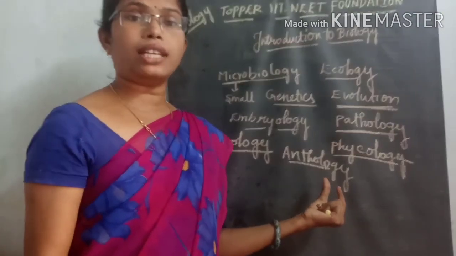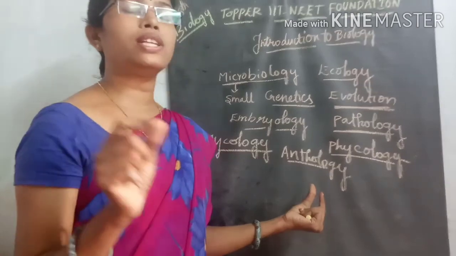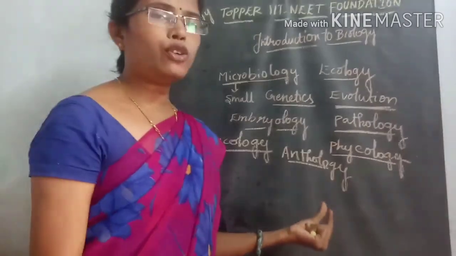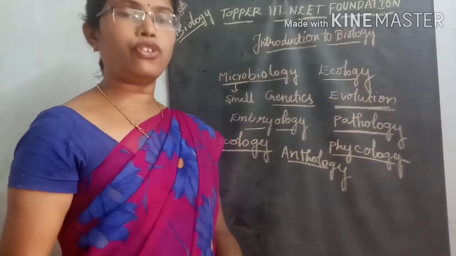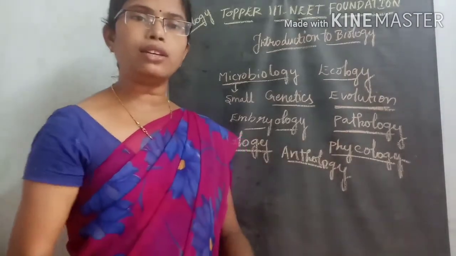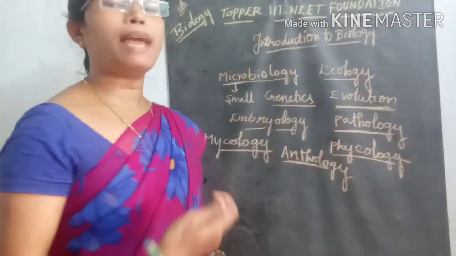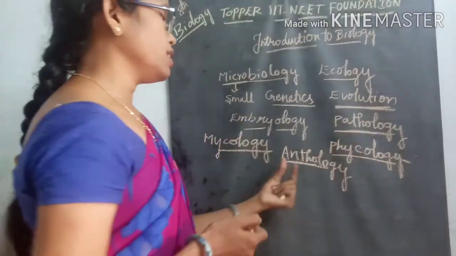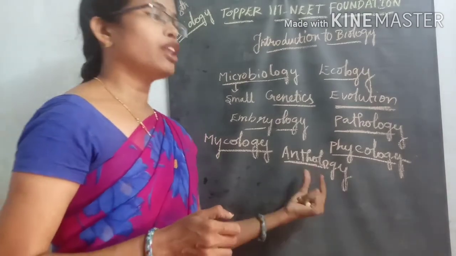The important part which plays a very important role in sexual reproduction of the plant is the flower. Without flower there is no fruit formation and no plant growth. So the science which mainly deals with flowers comes under anthology. What is the topic? Anthology.